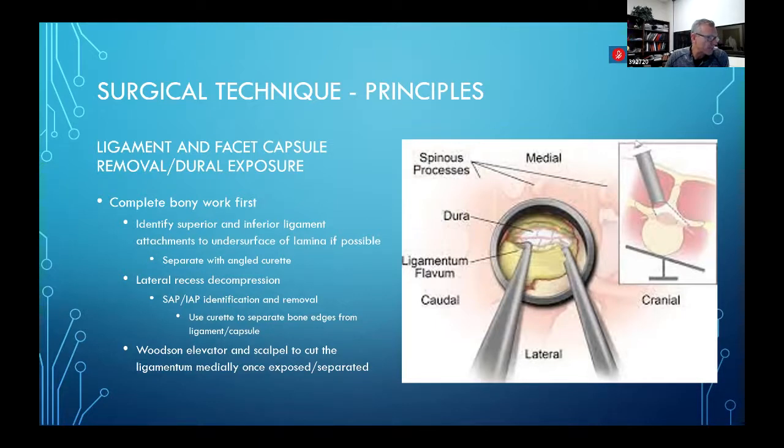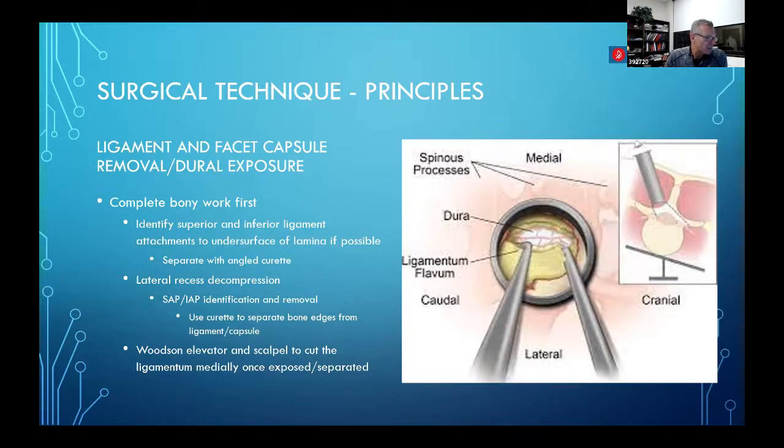I try to identify the superior and inferior ligament attachments to the undersurface of the lamina if possible, and I will usually separate them off superiorly and inferiorly with a curette. With my lateral recess decompression in the lumbar spine, I've got to make sure I've identified my superior articular process and my inferior articular process. I've removed a part of those medially with the burr and with the Kerrison. I want to make sure I've got a separation plane between the bony edge and the ligament.